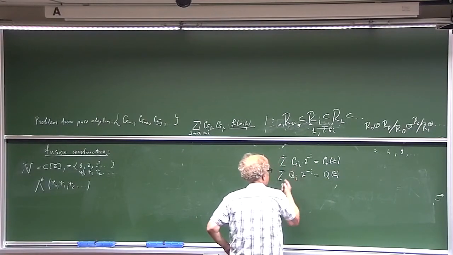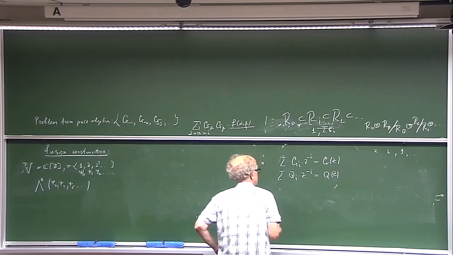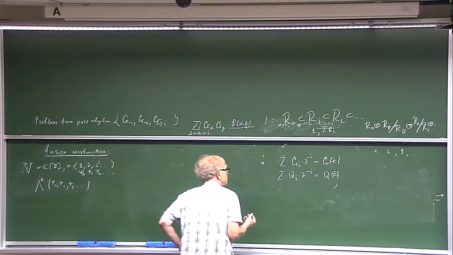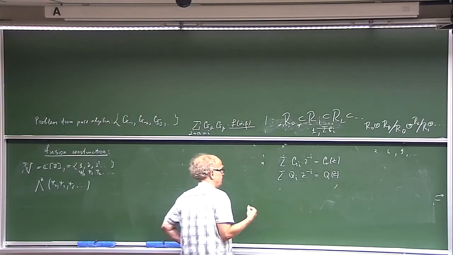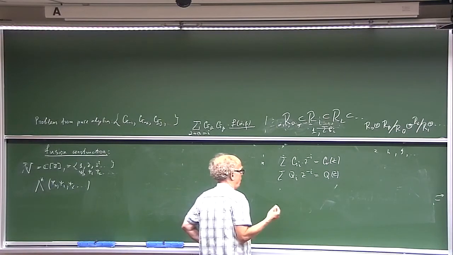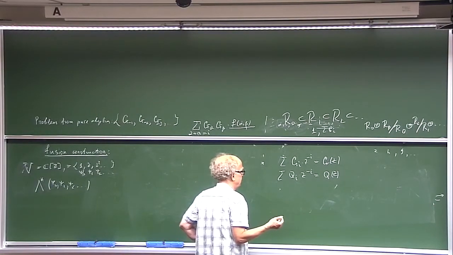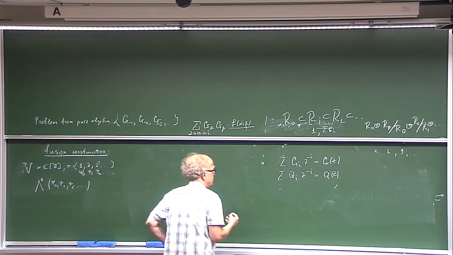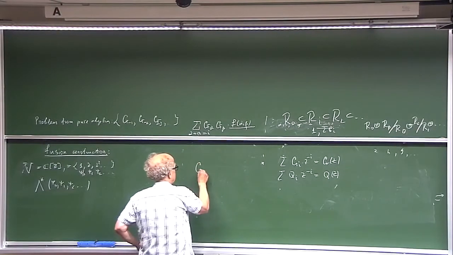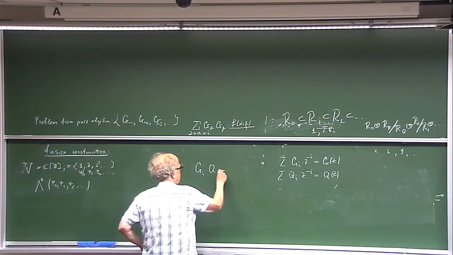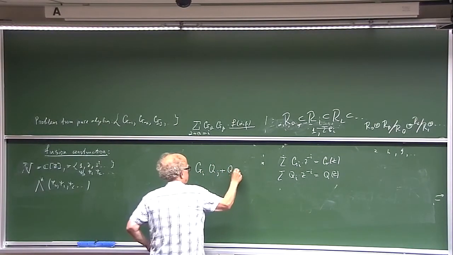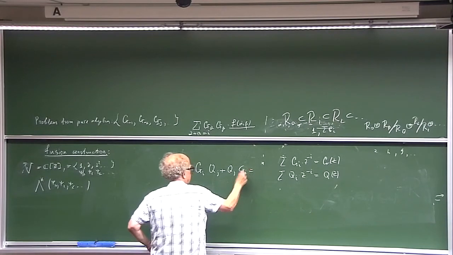About G with itself we know, and Q with itself we know, but because this G and this Q are products of three fermions, the natural question is what? I want to find out what is Gi Qj plus Qj Gi.